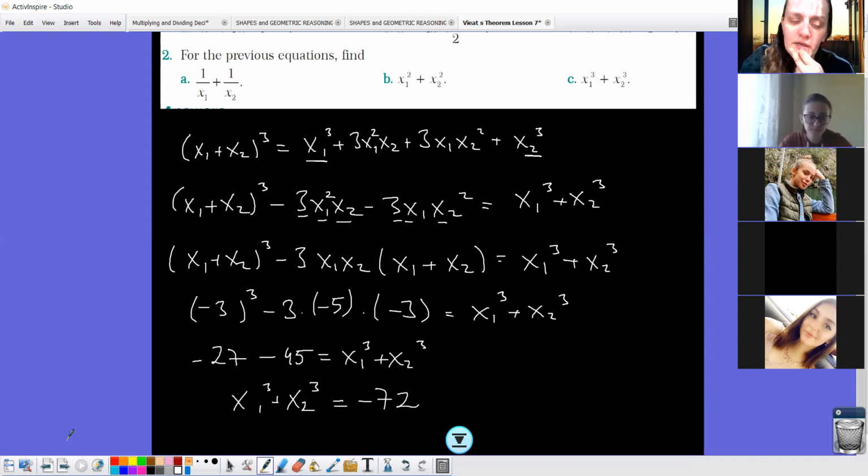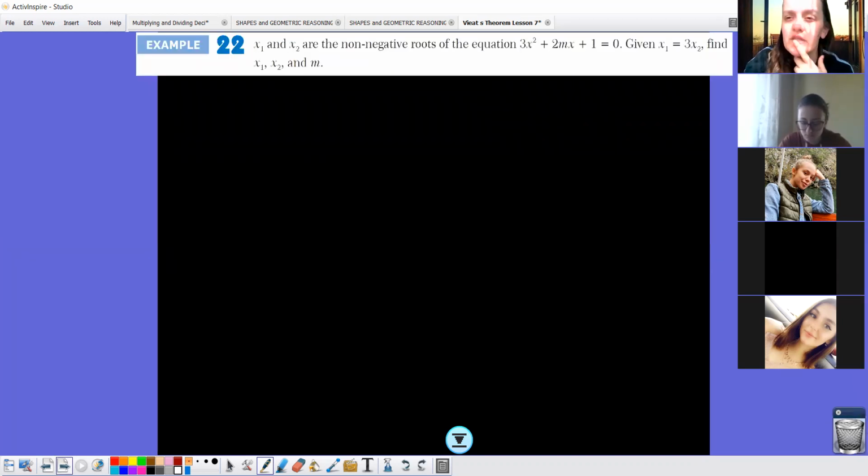Yes, teacher. If you have written, I am continuing to the next one, another type of question where we are using Vieta's theorem. Here, as you can see, we have one example. It says x1 and x2 are the non-negative roots, which means positive roots, of the equation 3x squared plus 2mx plus 1 is equal to 0.